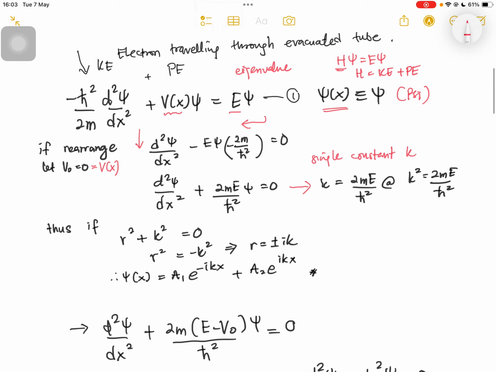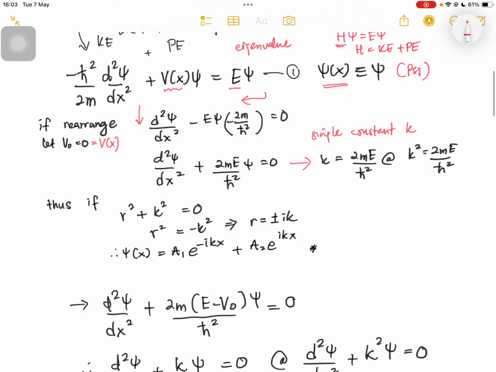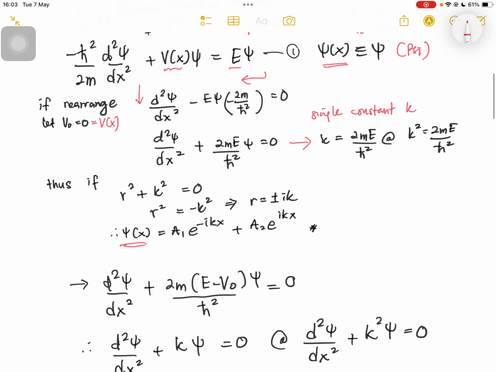Alright, why is there an easier choice? Because let's say if you want to find the roots, to find the solutions of your psi, then if your second order derivative is r square and this is your k square, if you try to find r, they're just plus minus ik.